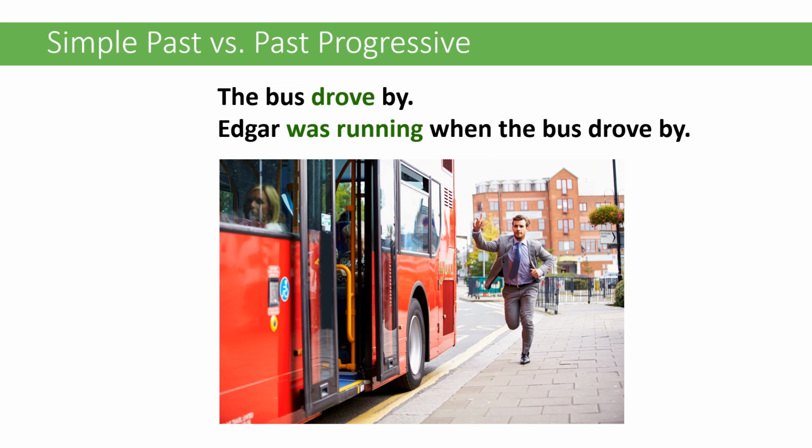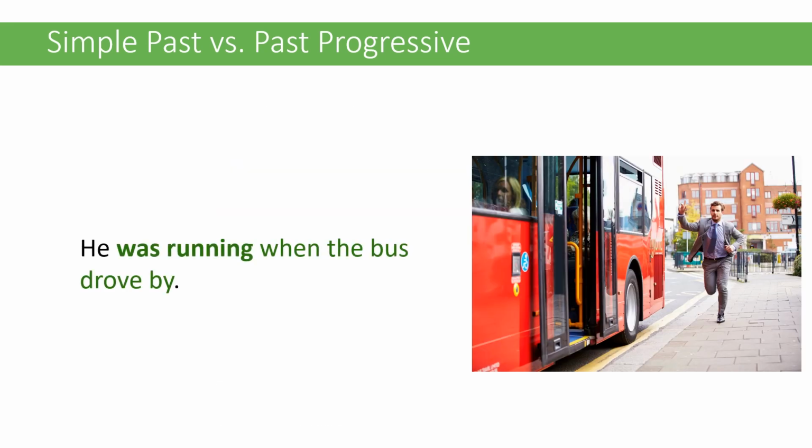So in this one, the action that was in progress was Edgar was running when the bus drove by. He was running when the bus drove by. Edgar was running before, during, and after the time that the bus drove by.